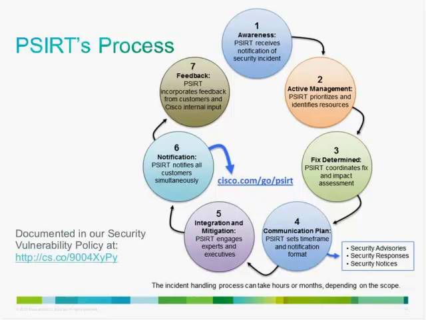Once we receive that security incident information or potential vulnerability, we start our active management process, where we use security standards like the Common Vulnerability Scoring System to prioritize and identify what resources are needed and how critical or how risky that vulnerability is.